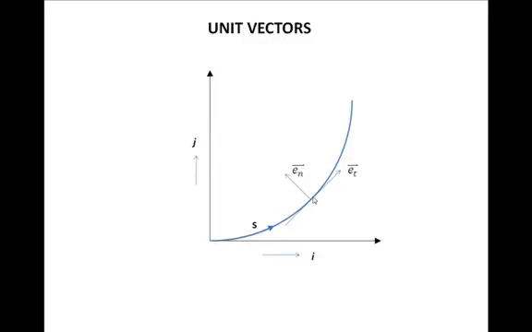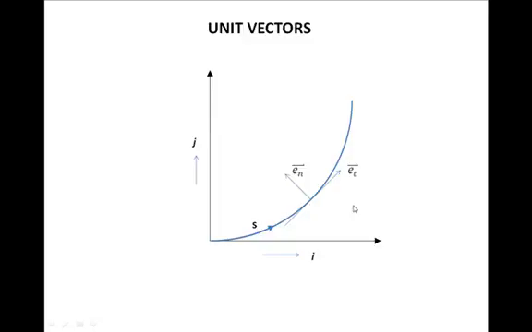But in case of Et and En, what happens is once the particle moves from here to, let's say, here, the direction of tangent and normal at that point changes, and therefore if we define Et as unit vector along tangent and En as unit vector along normal, then these vectors are no more constants.